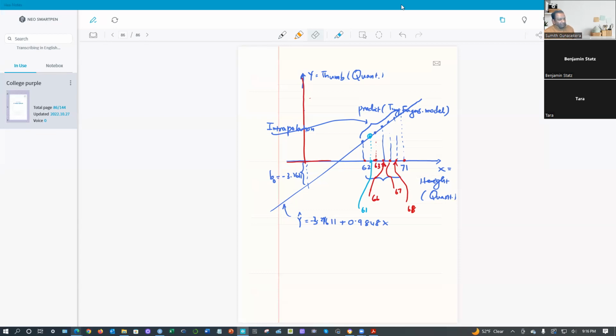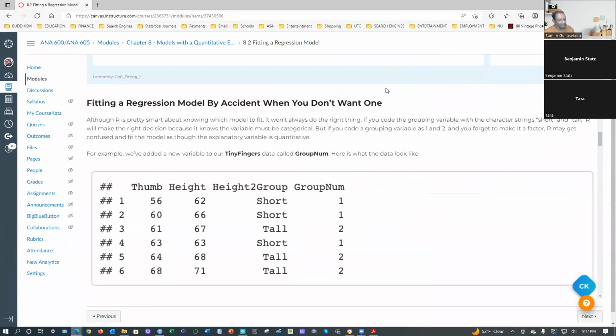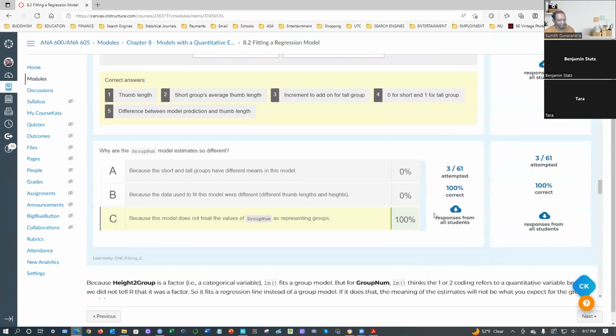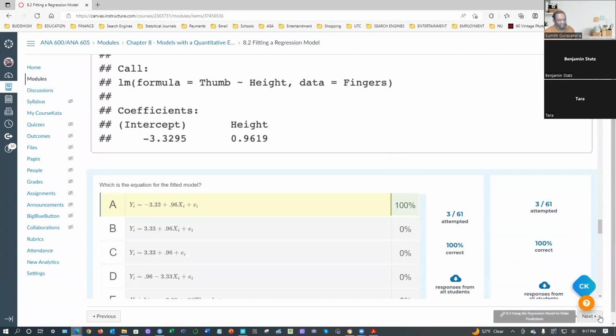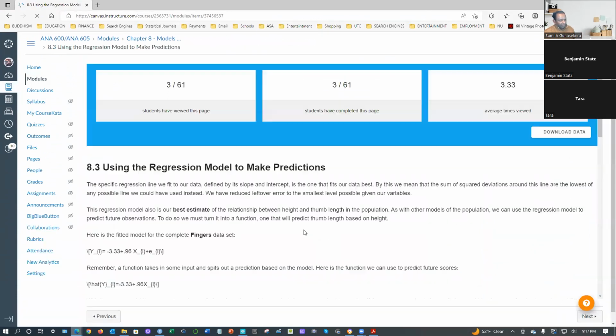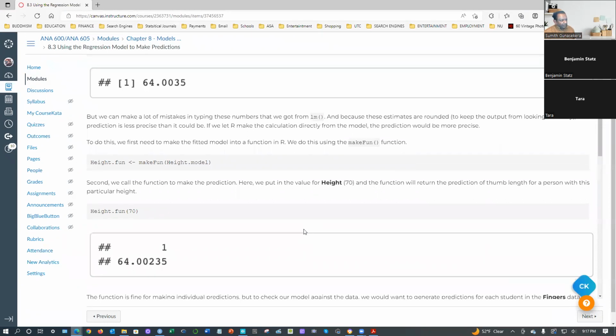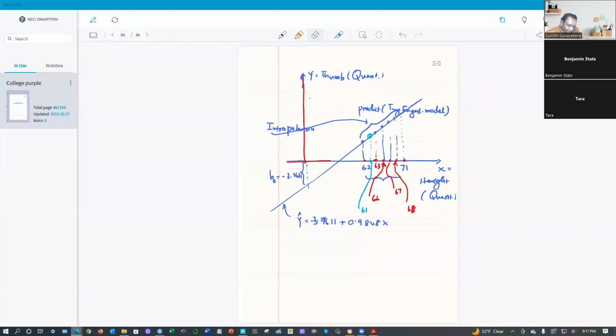That's what I want to emphasize. If you need that one, you cannot use predict. Predict won't give it to you because it's not part of the original data. So you make a function of that model first. We're going to call it height.fun.